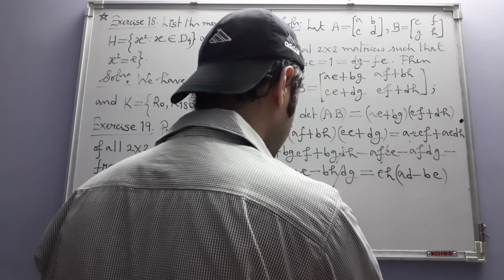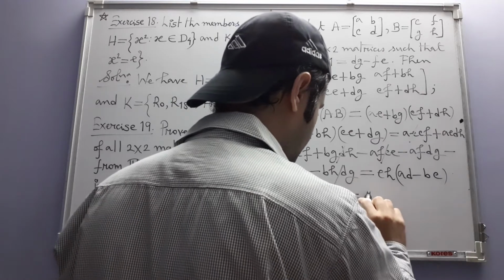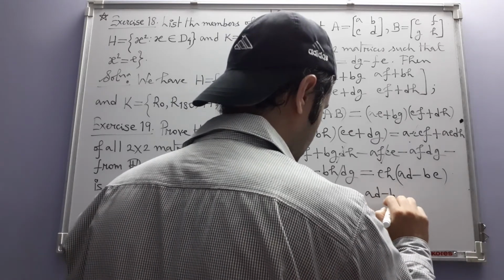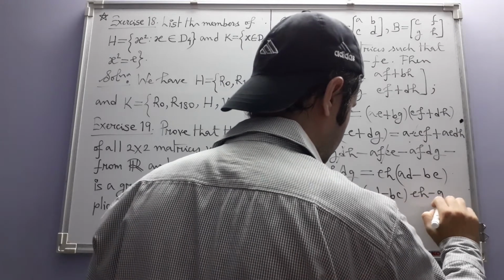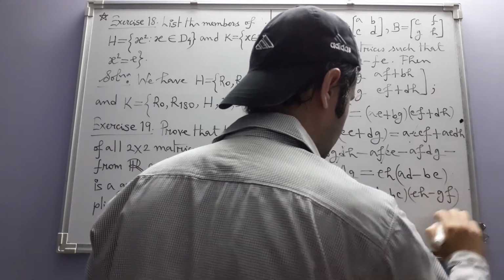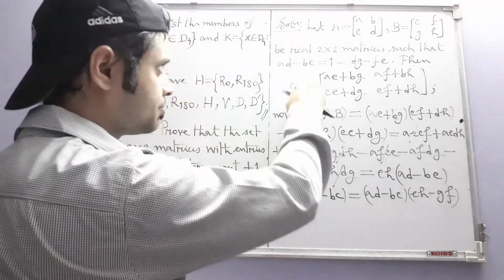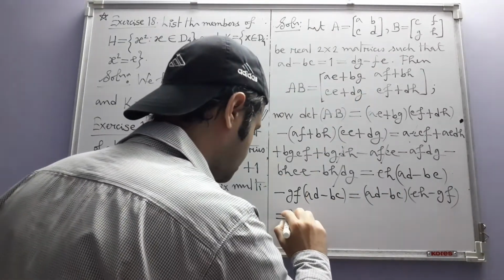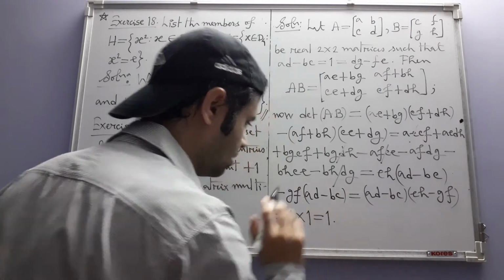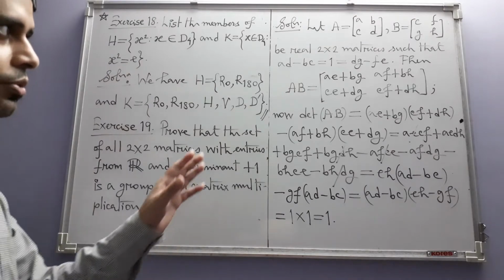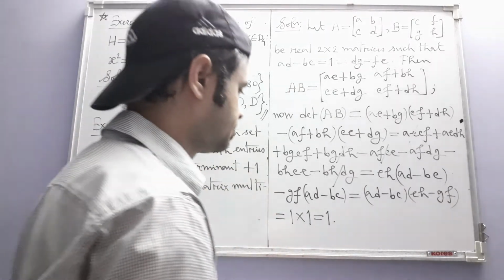So AD minus BC. So now the thing becomes AD minus BC times EH minus GF. And both of them are equal to 1. So this is 1 times 1, this is equal to 1. So the product of two such matrices is again a matrix of determinant 1.